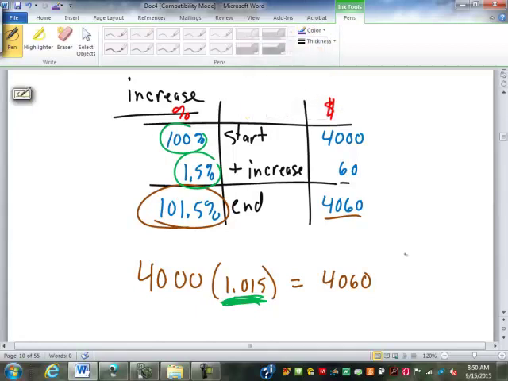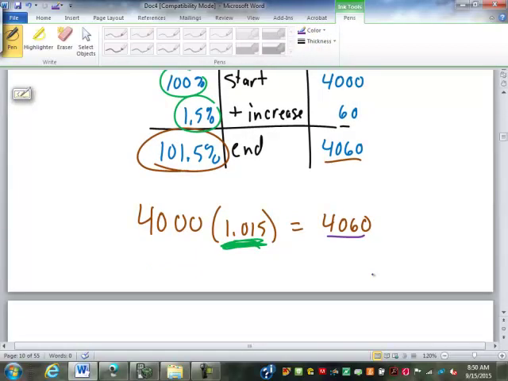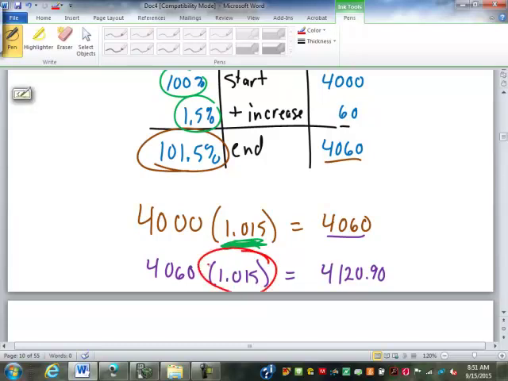So then each quarter we'd find the ending balance by taking that number. For the second quarter, 4,060 would be our starting balance times 1.015, which gave us 4,120.90. How many times do we have to do that to get to the end of our 3 years? Well, still 12 times. If we're multiplying by the same number over and over again, we have a shortcut for that.